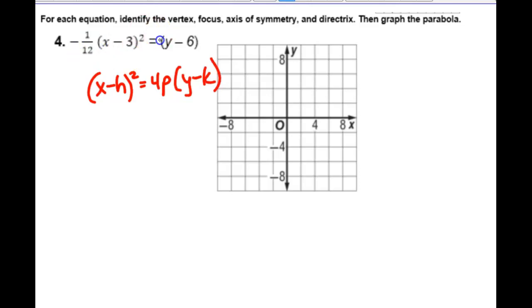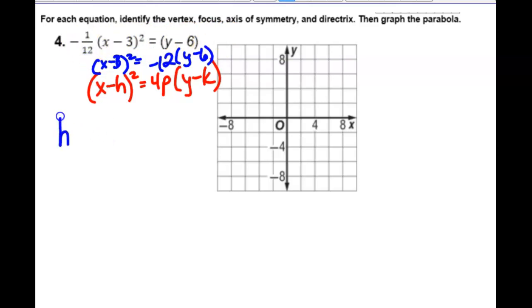Multiply the what over onto the other side? Yes, the reciprocal. So it's going to become x minus 3 squared equals negative 12 times y minus 6. I'm going to multiply through by negative 12, basically, to get rid of this fraction.